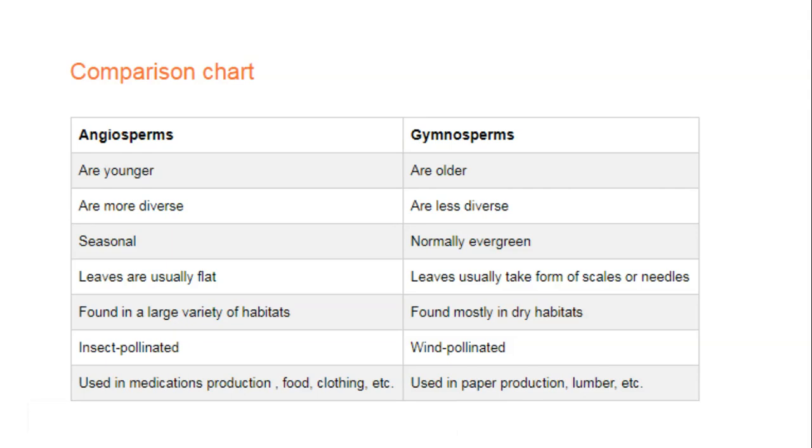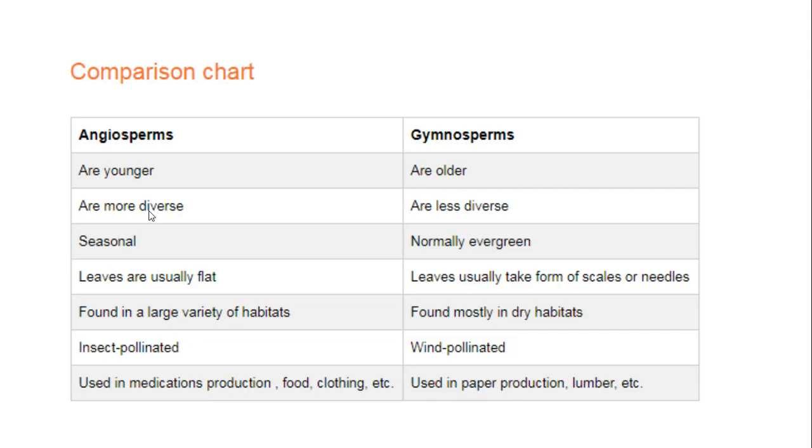The next one says the number of species. So if you look at this chart, it'll tell you angiosperms are more diverse and gymnosperms are less diverse. Now, the word diverse means different, okay? So when we're talking about diversity, we're talking about the different number of species that are on this planet. So if you remember from back in your notes, angiosperms have 300,000 known species.